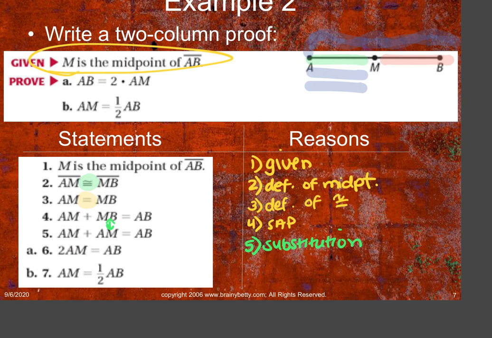And the way we say that is simplify. So if you are simplifying one side of the equation, you literally write simplify. Now what happened from 6 to 7? Division. So you say division? Yep. Division property of equality.